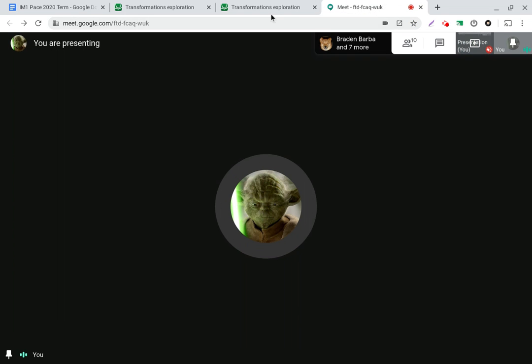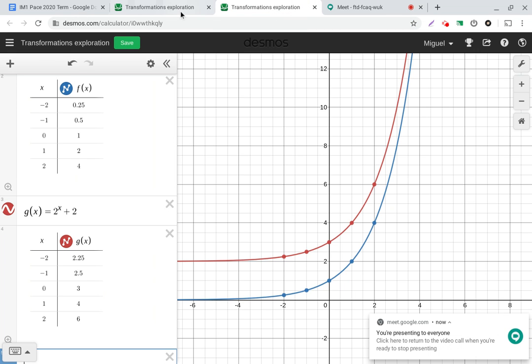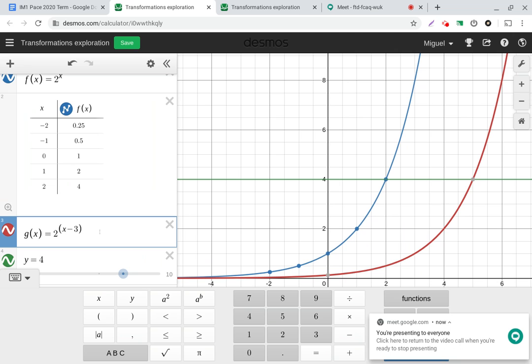All right, let's keep on looking at this, and then we're going to wrap it up in about 10 minutes. Let me go back to my little transformation. So, when the x is in the parentheses, it moves to the right 3 when it's negative, because it happens later.